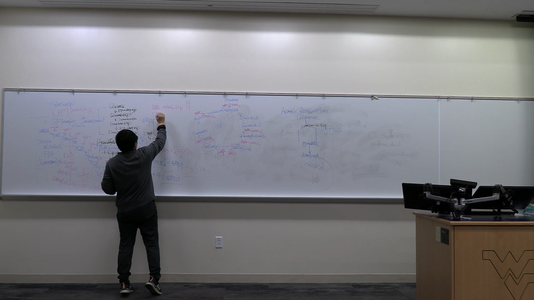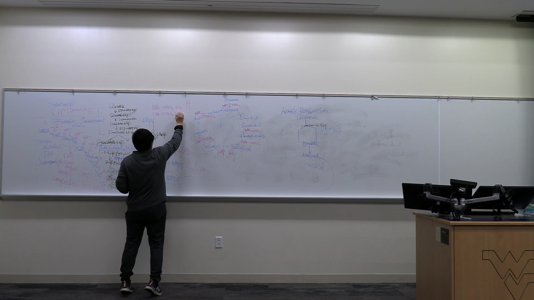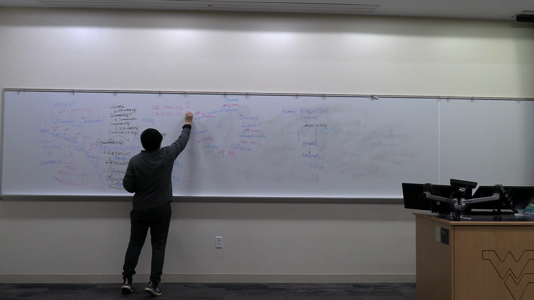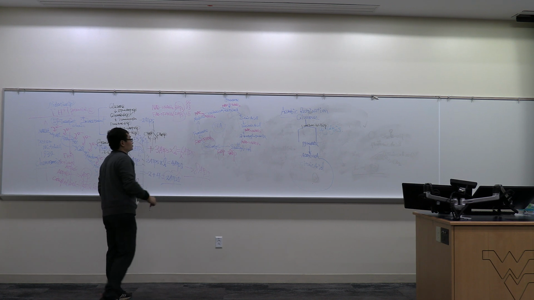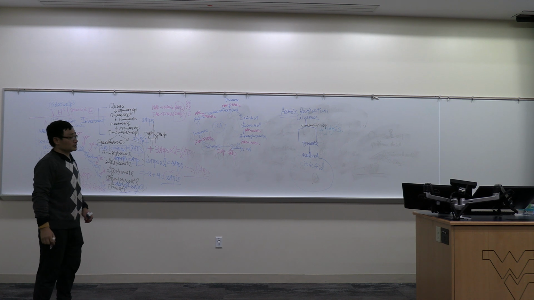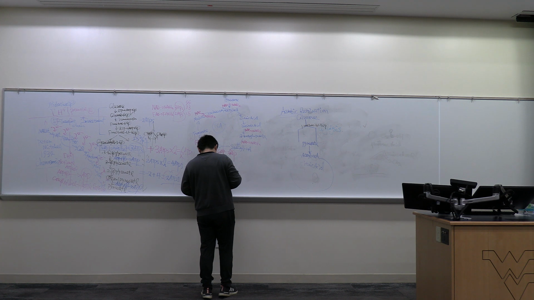FAD reduced to FADH2 generates 2 ATPs, and you talk about 1.5 ATPs, but we just use this one. It's easy. So how many ATPs are there? This is 3 on the top. That's easy to understand.